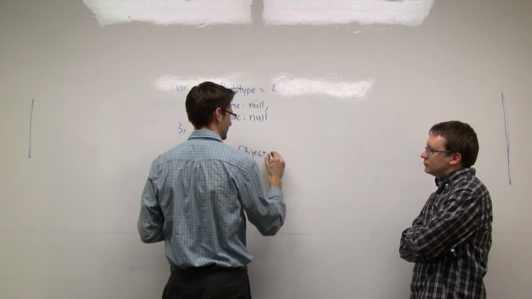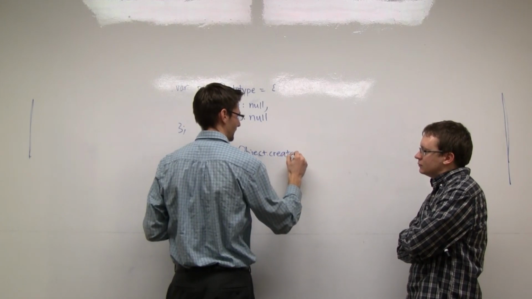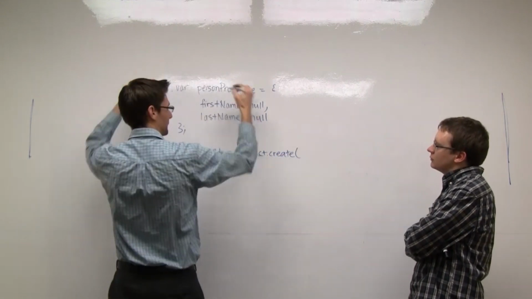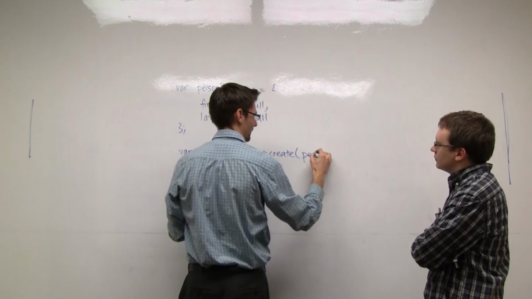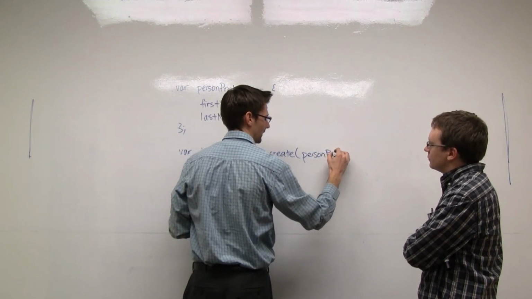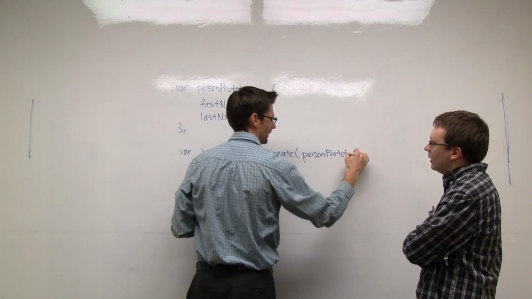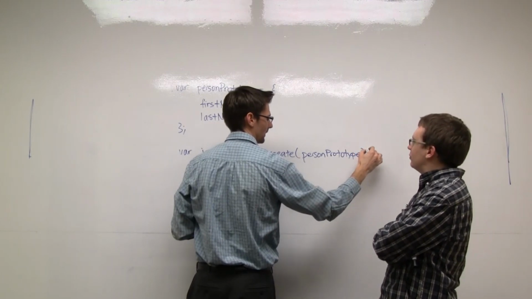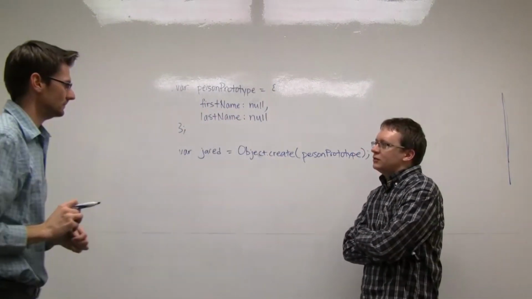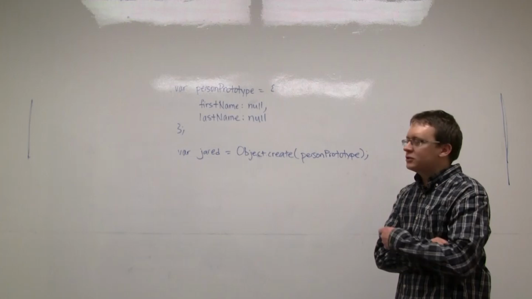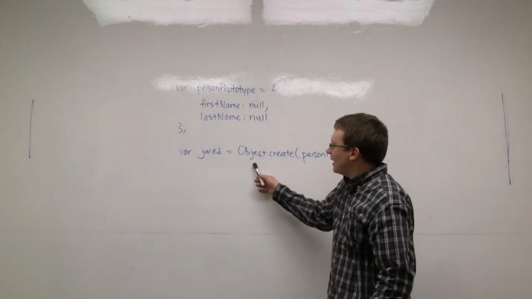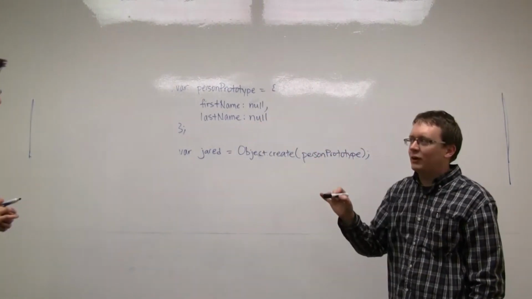This is what you should be using: Object.create, and the person prototype. Now you're thinking that's really more verbose and annoying than just saying new Person with a function. But what this does is actually set the prototype chain up correctly.